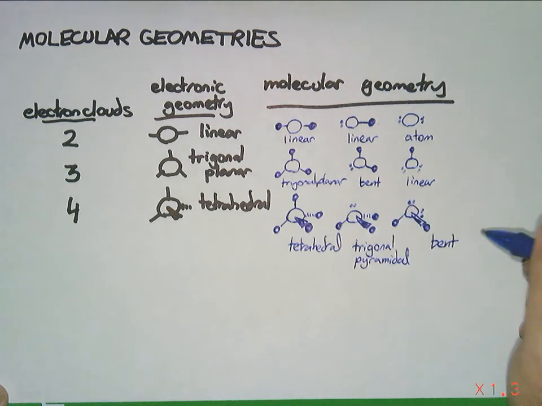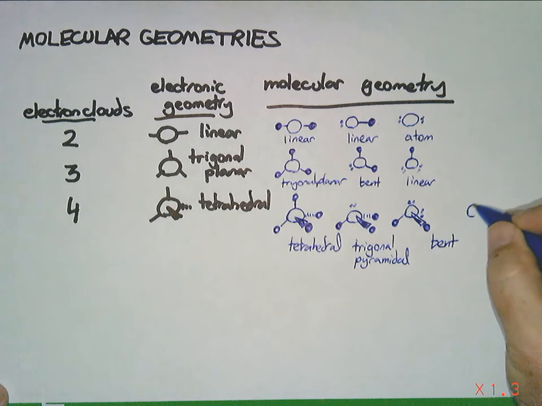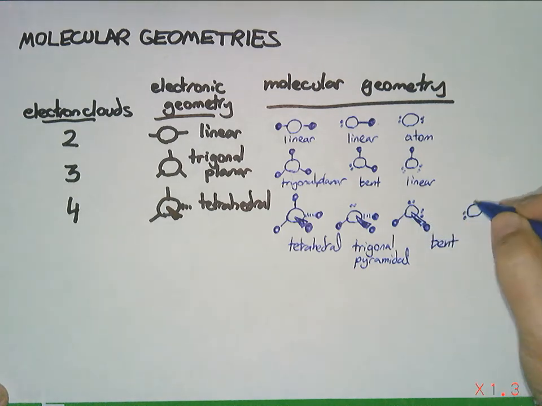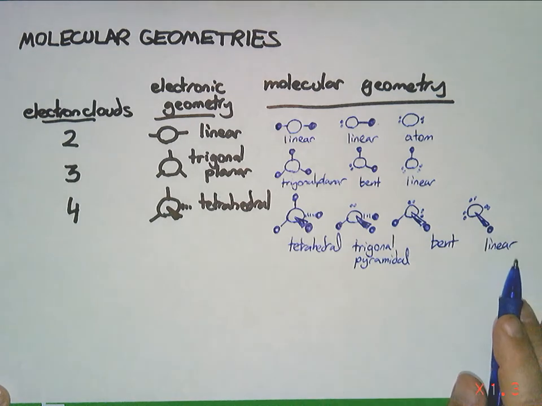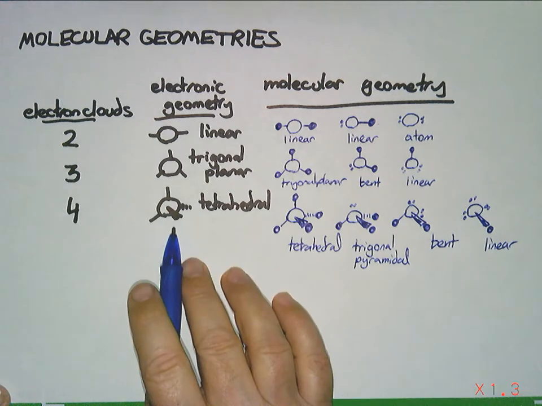And for the tetrahedral, I can pull off a third arm. Say I pull this one off. Then I'll have a lone pair there, a lone pair on top, a lone pair there. And this will be coming out at us. I'll call that linear. So there are 4 different molecular geometries that I can have for a tetrahedral electronic geometry.